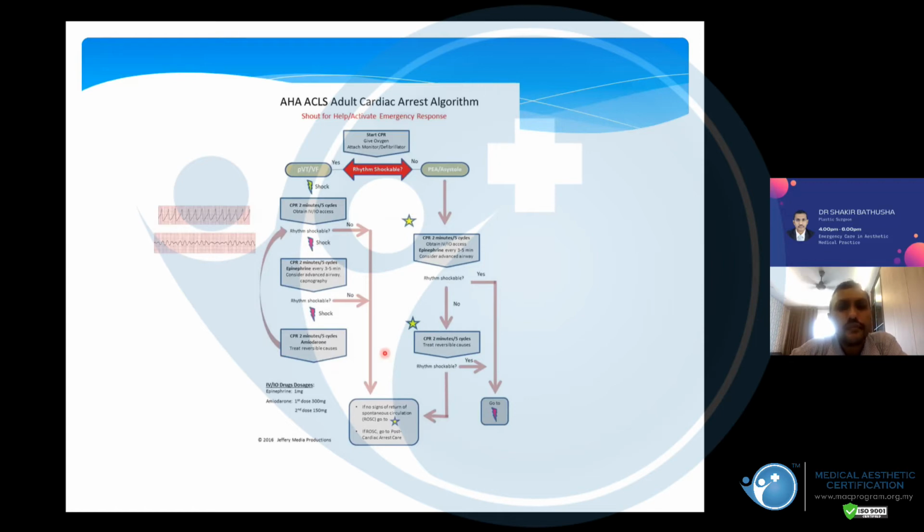If during your CPR you suddenly get a rhythm which is shockable, then you just follow again the shockable rhythm pathway, which is on the left of the screen, or else we just continue in the usual manner till you get a return of spontaneous circulation. I hope you all understand.